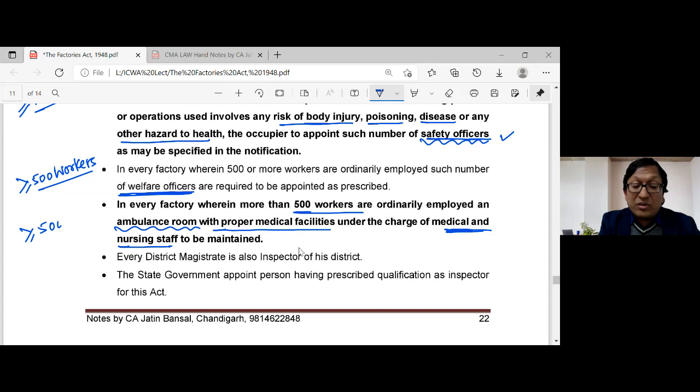So now you will be able to understand why this Factories Act 1948 is there. This act provides that workers are working in factories and spending most of their time there, so they should be provided with ventilated rooms, proper lighting, proper air, adequate drinking water, and safe working conditions.